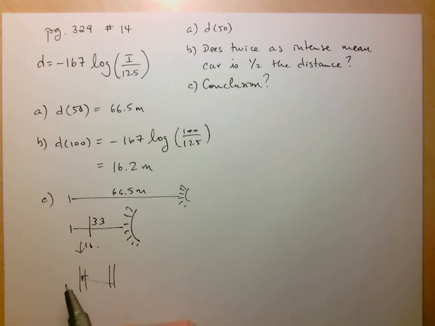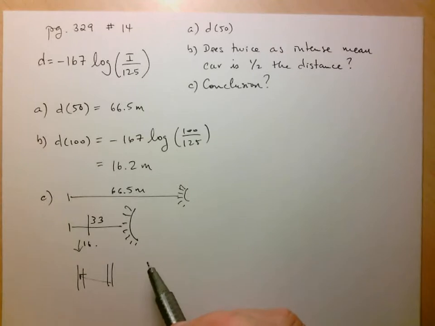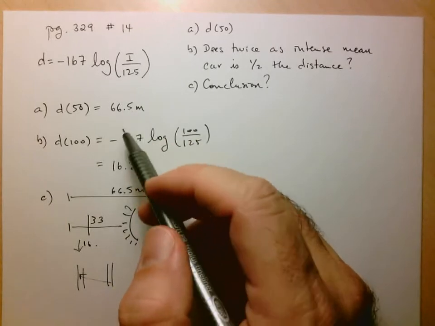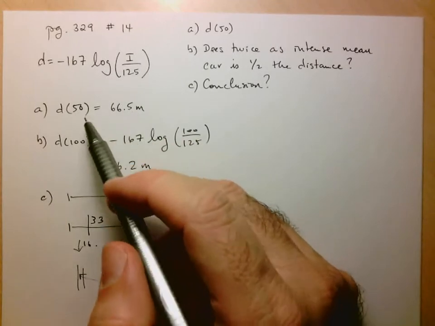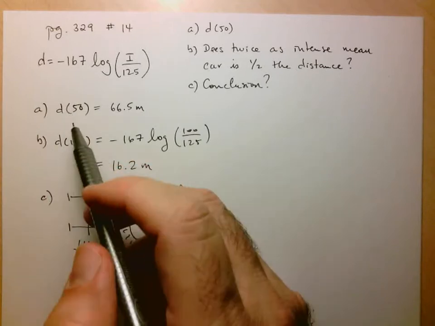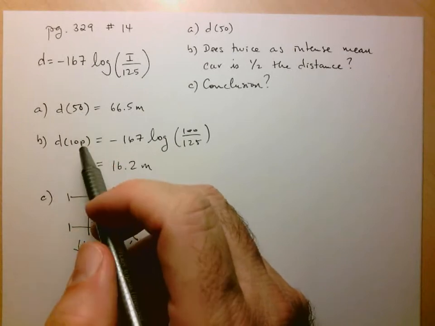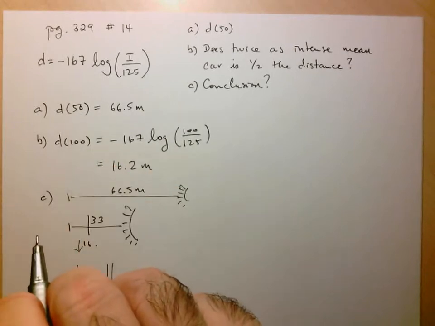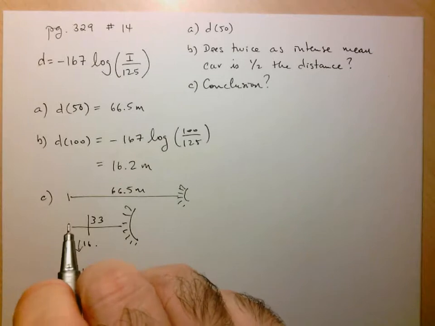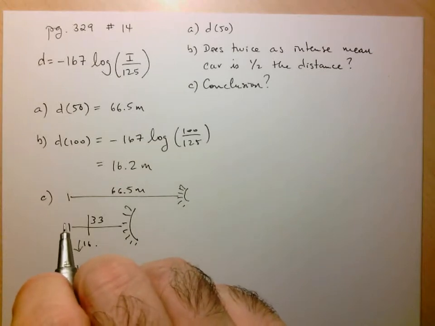Beyond that, I do want to look at something else here. In order to figure out what was going on, we actually used specific numbers. We started with 50 lumens, and then we changed the intensity to 100 lumens. But I want to see what happens when we do this more generally.